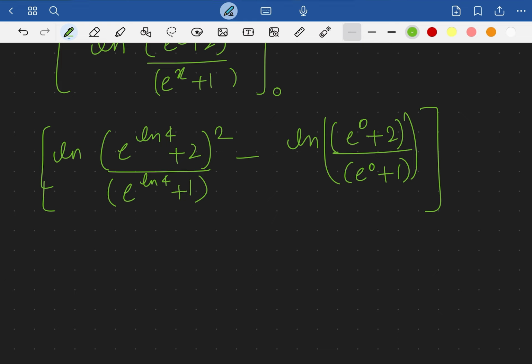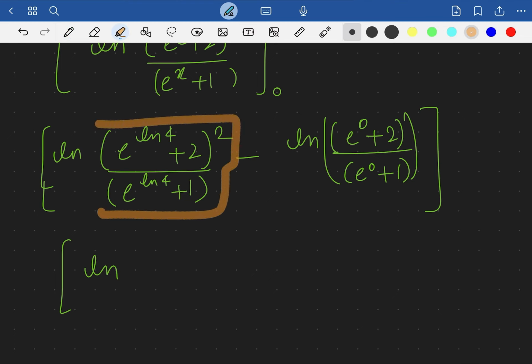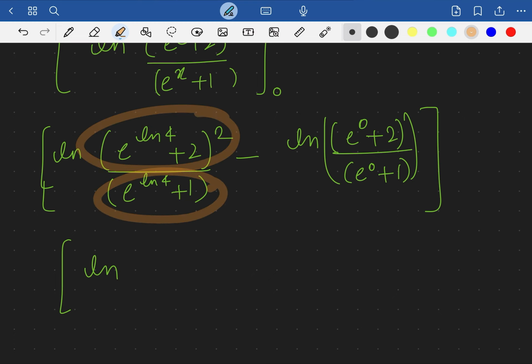You can just put your values in your calculator. That means put e to the power of ln 4 plus 2 the whole square, the entire thing, in the calculator, or just put the numerator and denominator separately.